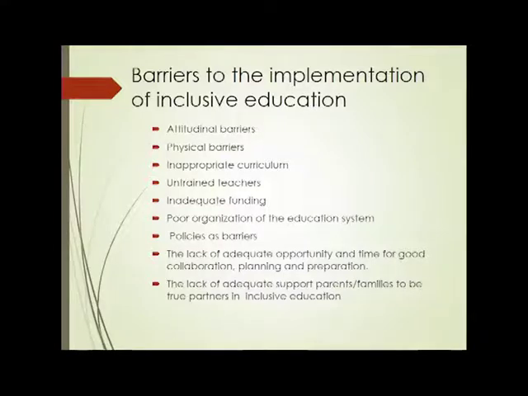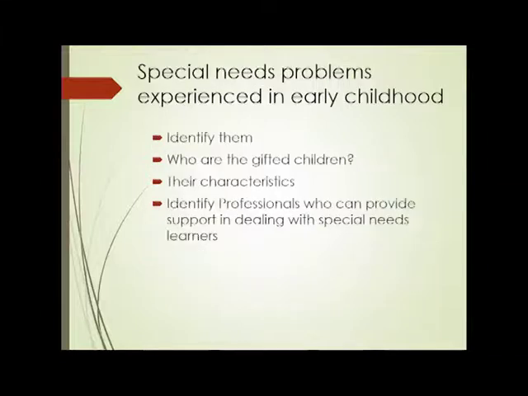Teachers are not trained to accommodate learners with different abilities, and poor organization of the education system can also be another factor. Then we have policies which say do this and later on say something else. We have lack of adequate opportunity and time for good collaboration, and we also have lack of support from parents. Some parents don't even mind whether the child goes to school or not.